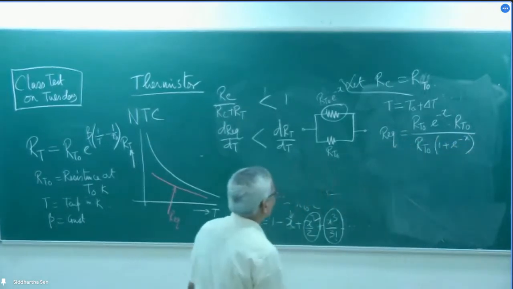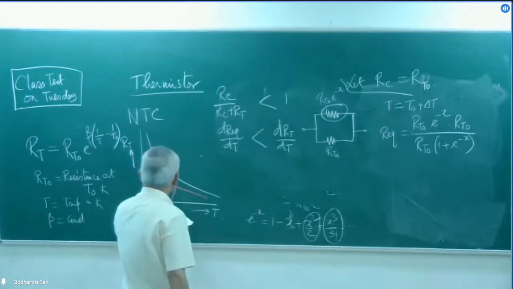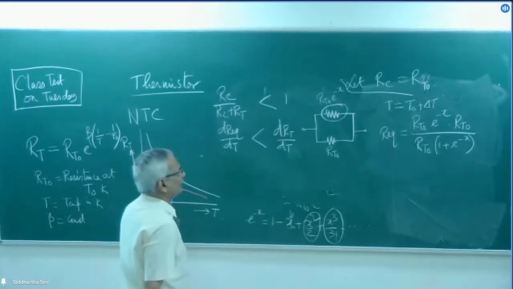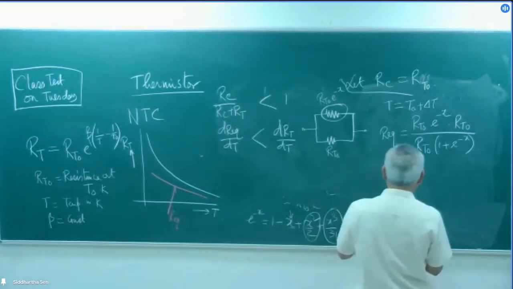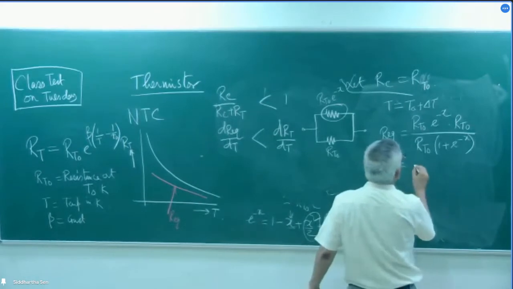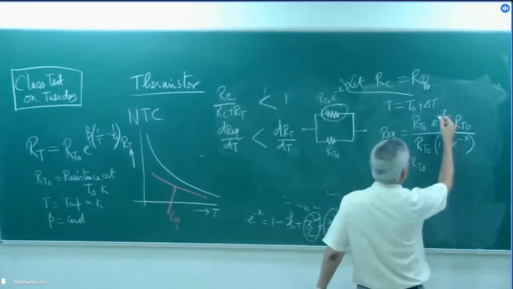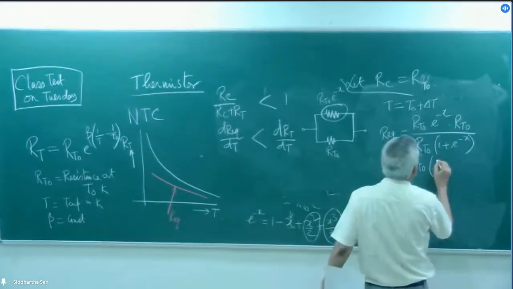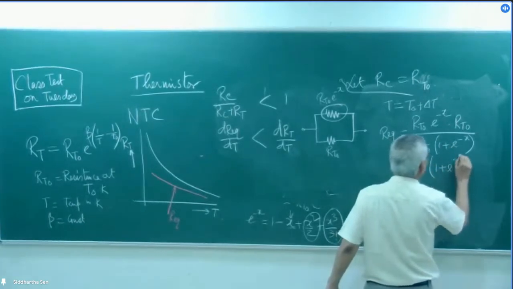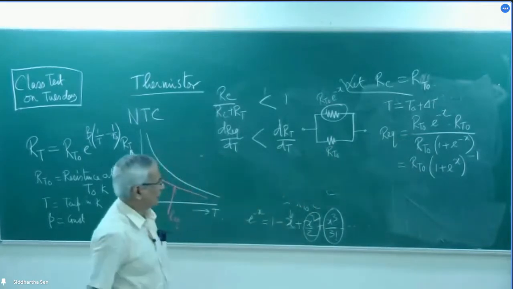Mind it, our objective is to establish that really the nonlinearity decreases. So we can say this is equal to RT0, and here e to the power minus x, I bring it to the denominator and then simplify it. It is 1 plus e to the power x, to the power minus 1. Do you agree?